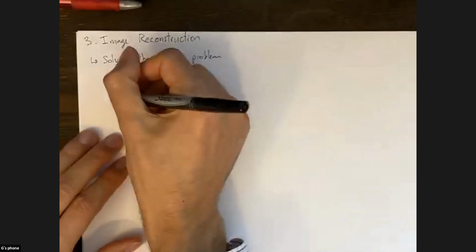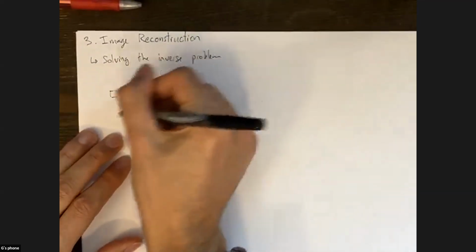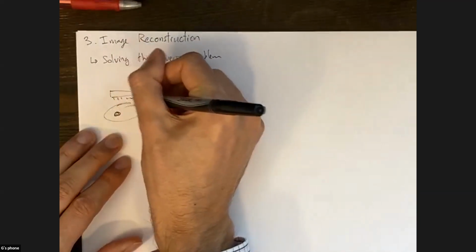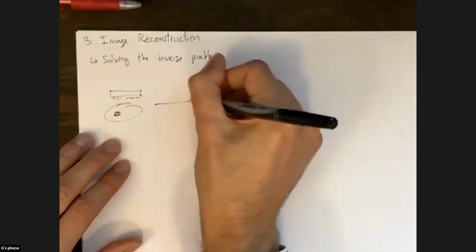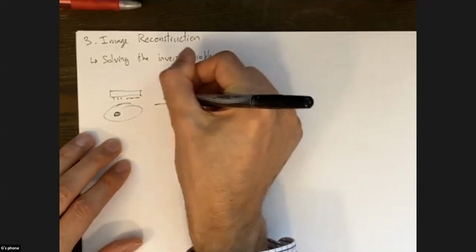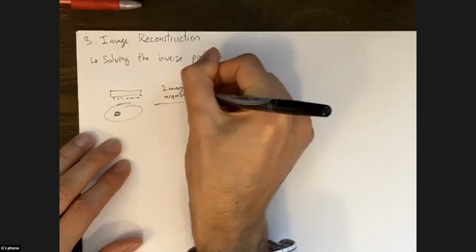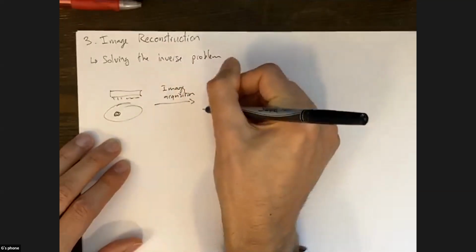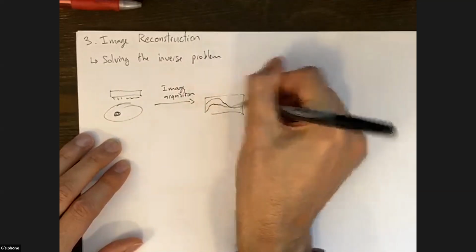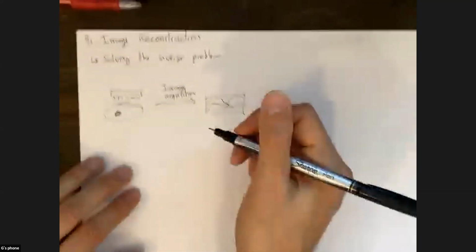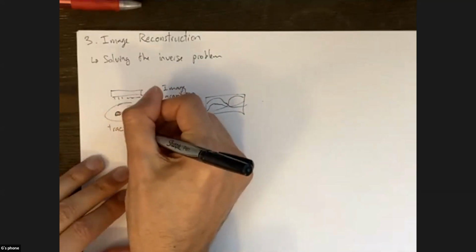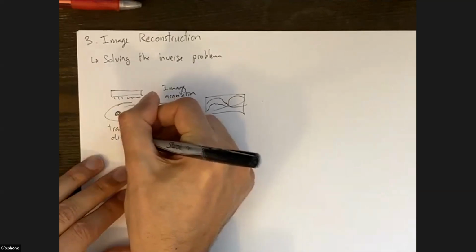So if we have a patient with a tumor and the gamma camera is right here, just through the process of image acquisition we're getting a sinogram, which is a superposition of sine waves. And so this is the image acquisition. This is the tracer distribution.